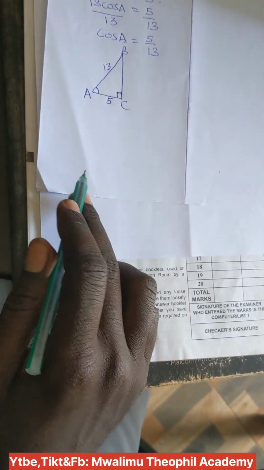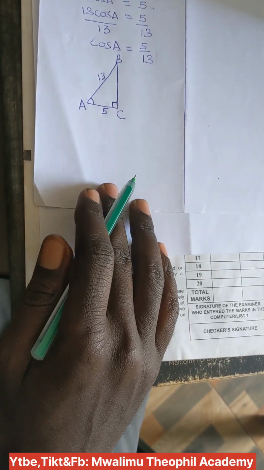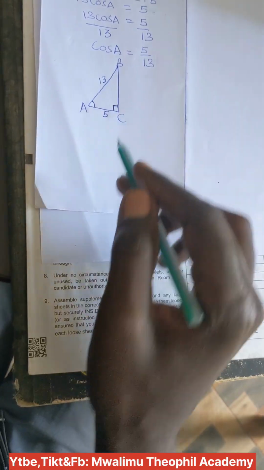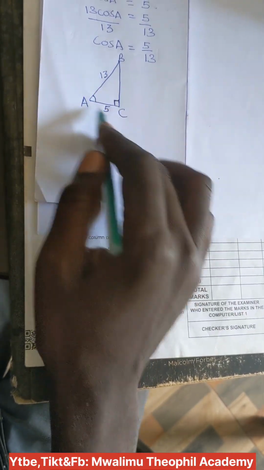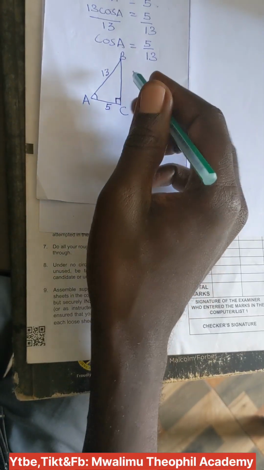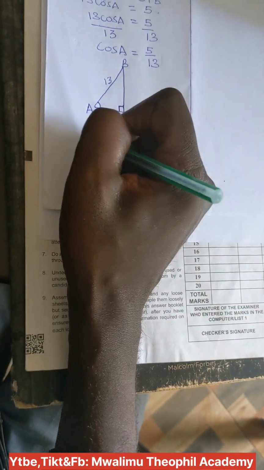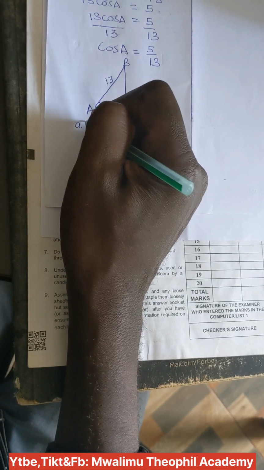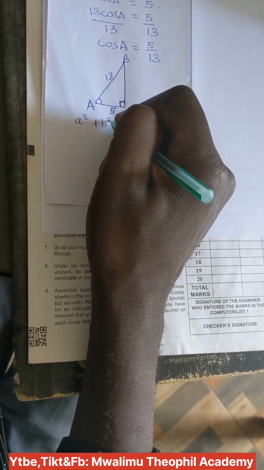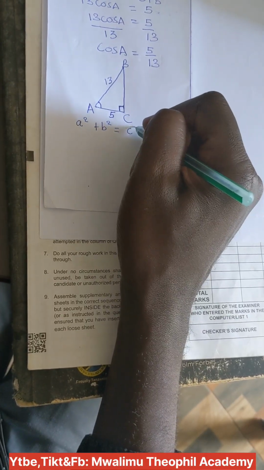As this is a right-angled triangle, now we are in the position of being able to calculate side BC. We may calculate side BC by using the relation that a square plus b square is equal to c square.